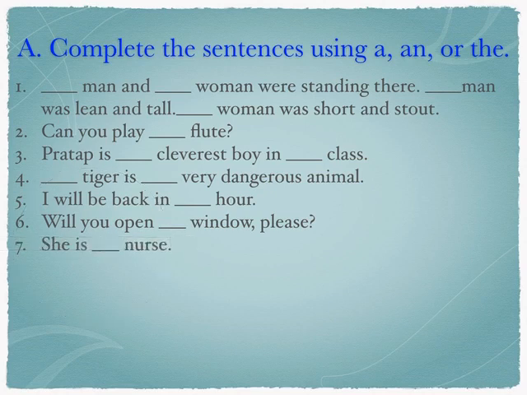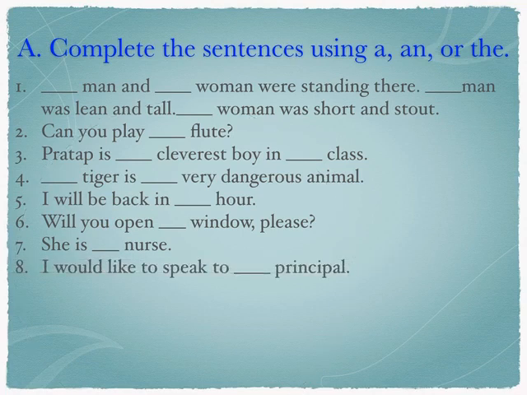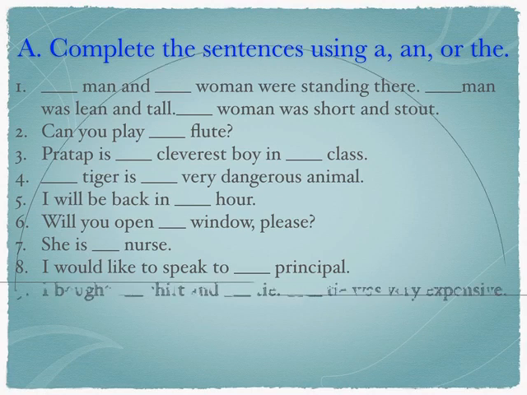She is dash nurse. Now it's a job of the person, so here "a" will come. I would like to speak to dash principal. Now you are talking about the principal of your school, so here "the" will come.